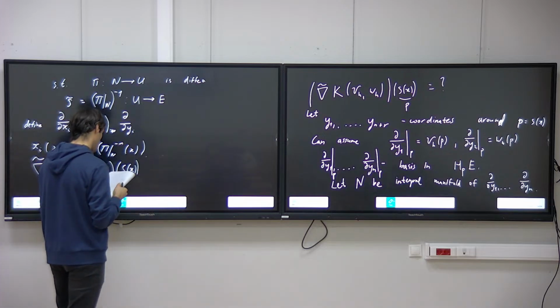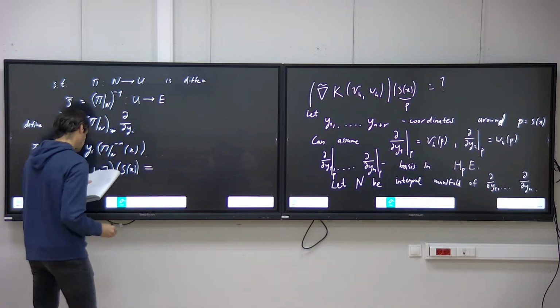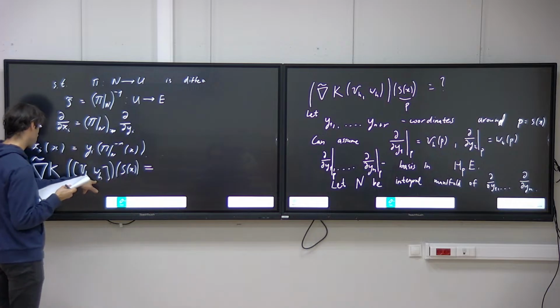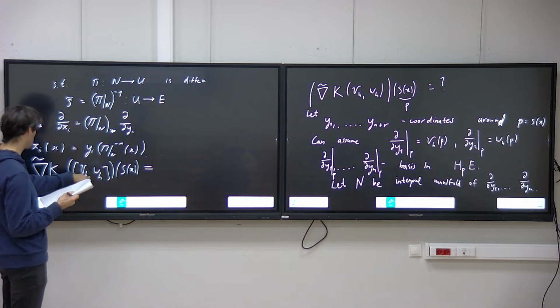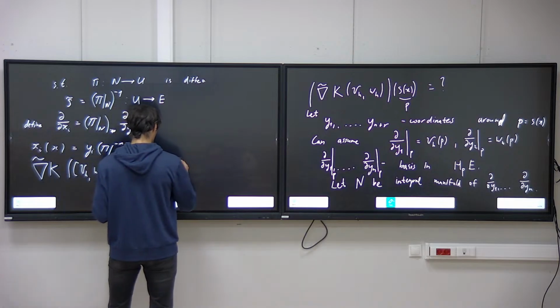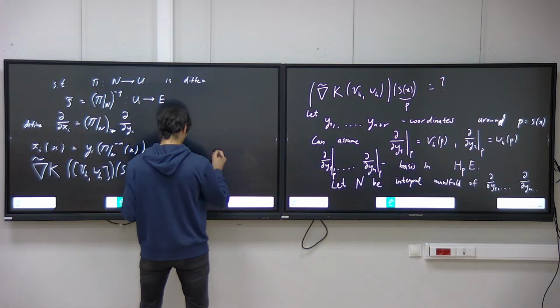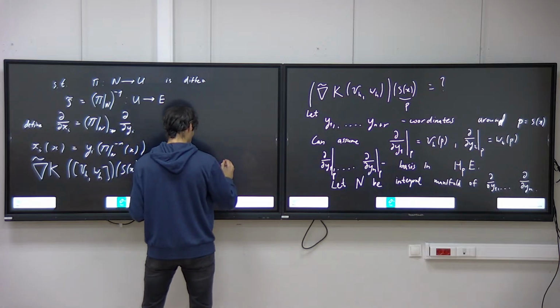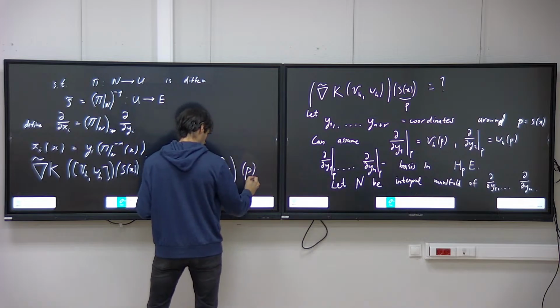So I am saying S of x is just P, but these guys I can replace by d over dy1, d over dy2, since this is C infinity of E linear. So this is nabla tilde K of d over dy1 at point P, d over dy2, and then at point P.